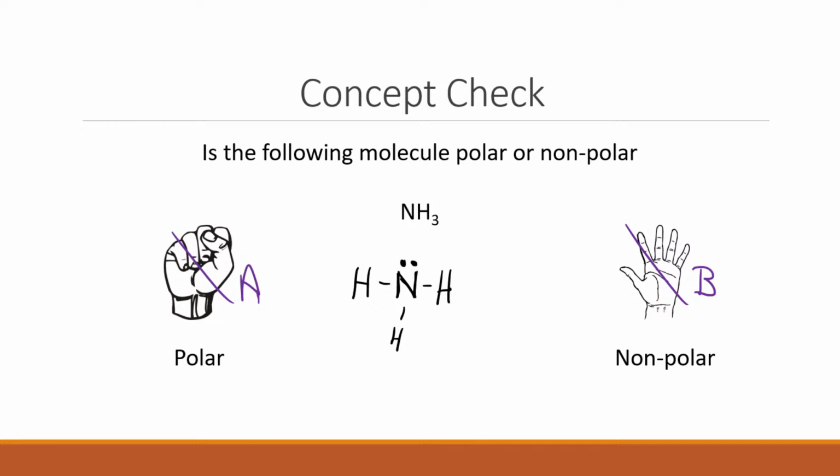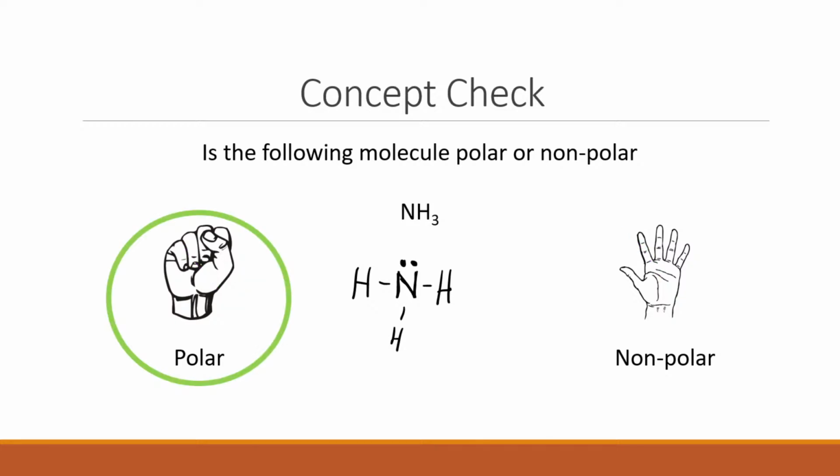This is a polar molecule. I can only draw 1 line of symmetry in this molecule vertically through the top. 0 or 1 line of symmetry, polar molecule. Multiple lines of symmetry, that's a nonpolar molecule.